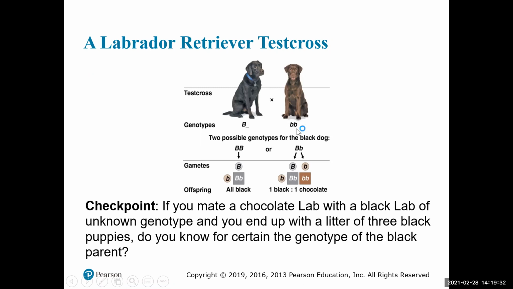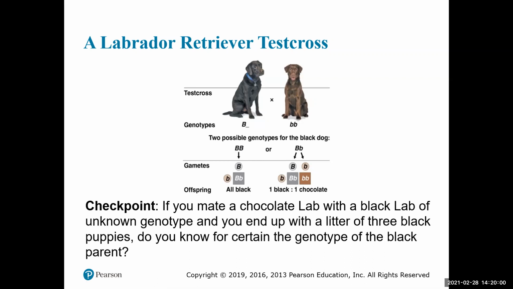It can only be homozygous recessive, or lowercase b. But now the black phenotype could have two potential genotypes. It could be homozygous dominant, which is both uppercase B's, or heterozygous, which is an uppercase B and a lowercase b. So now we have to determine which genotype it is through a test cross.